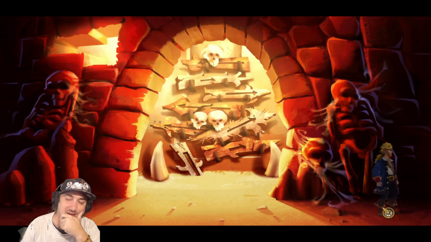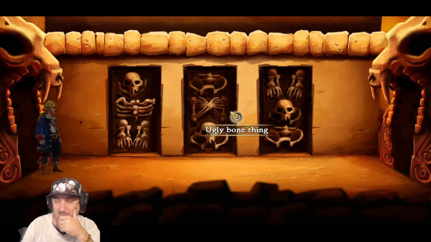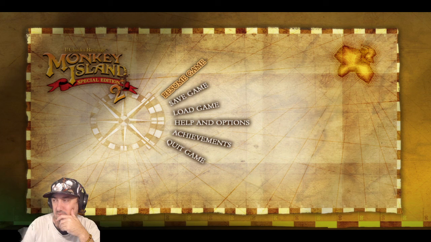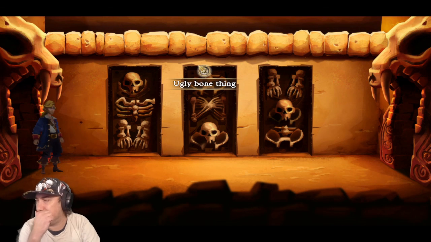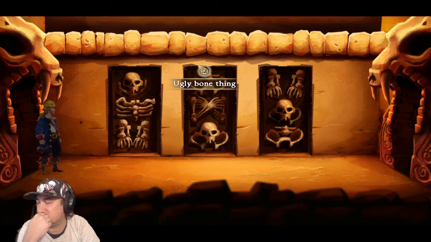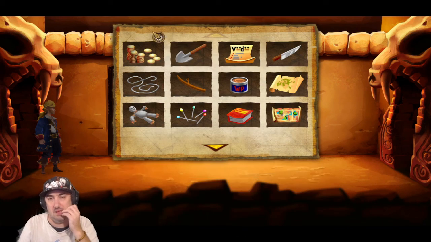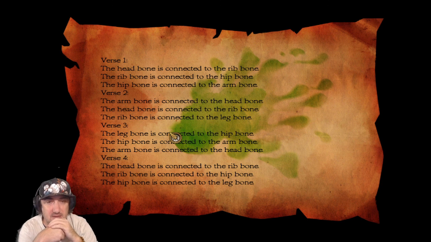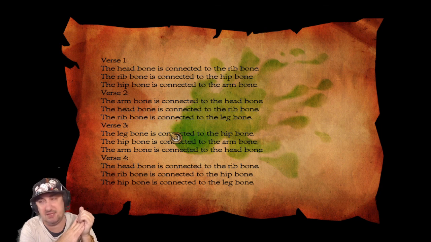Oh man, I'm just not getting it. I guess it's one line. Hip bone's connected to arm bone. That's wrong. So it's just the first 2, I reckon. It's just 2 to 3 lines in each verse. First two lines of verse 1.